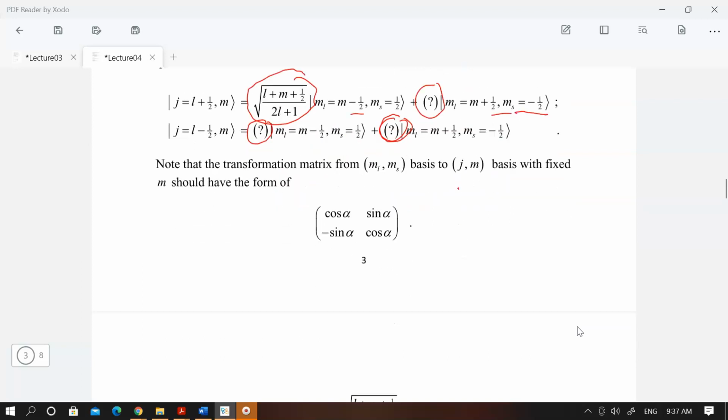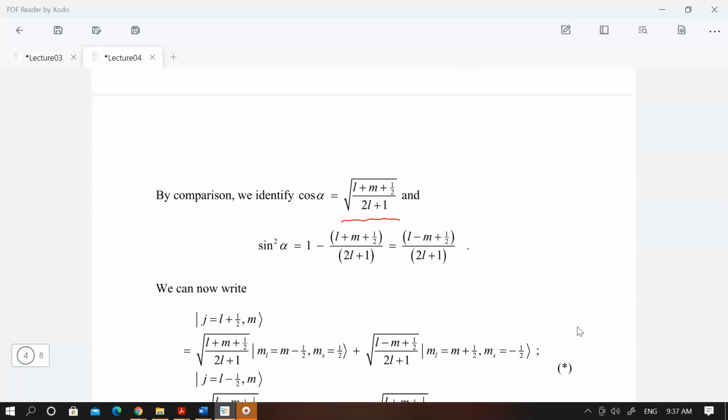Okay, so the other one will be sin alpha, but sin alpha can be obtained from the trigonometric identity. So you get cos squared plus sin squared equals 1. So in other words, sin squared alpha would be 1 minus this, and then you can simplify that, and that corresponds to that.